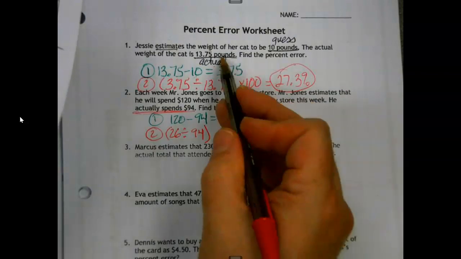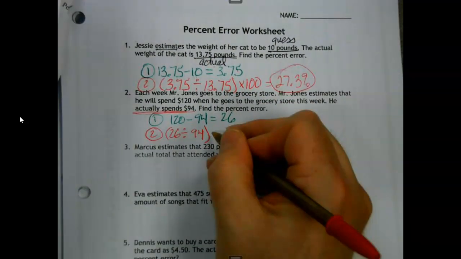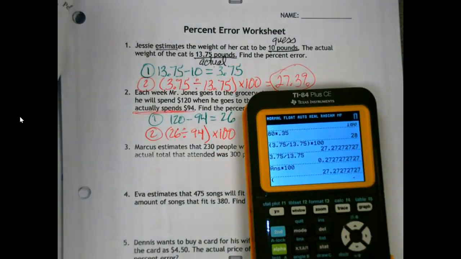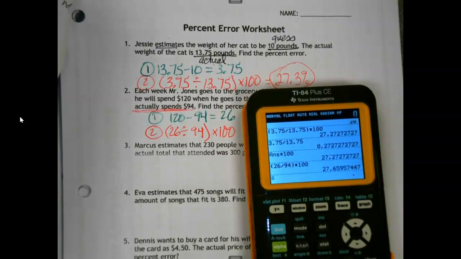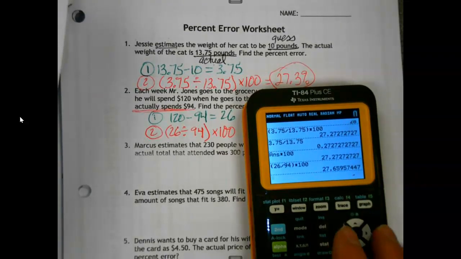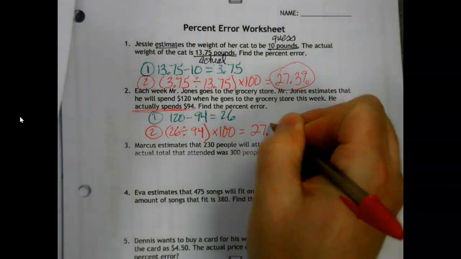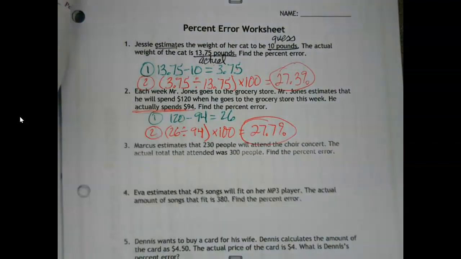So you'll notice the first time the bigger number was the actual. This time the smaller number was. It can vary. So 27.7 if we wanted to round there. Okay, and we've got that.